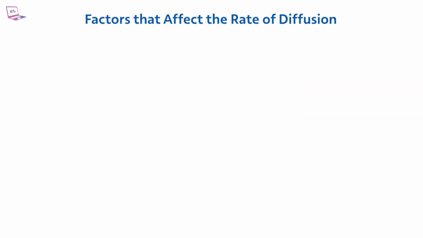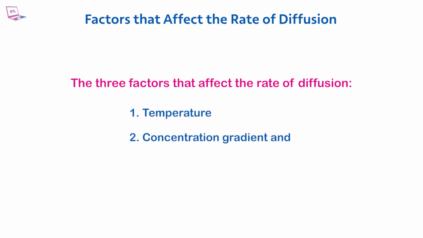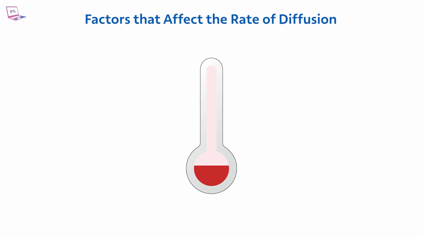Factors that affect the rate of diffusion. The three factors that affect the rate of diffusion are temperature, concentration gradient, and membrane surface area. A rise in temperature increases the energy of the molecules, leading to a faster diffusion rate.